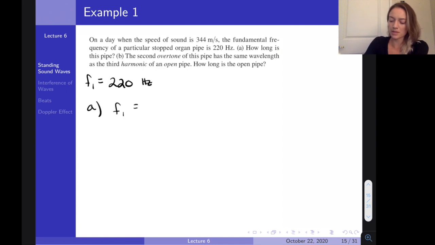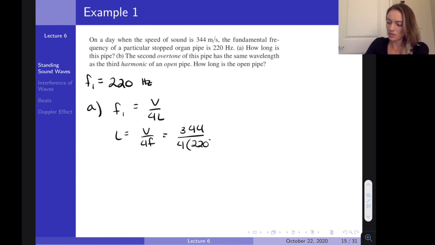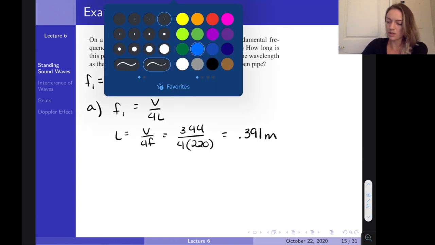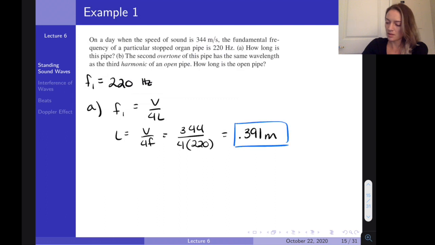So the fundamental frequency for a stopped pipe is V over 4L, and now we just have to solve for L, right? So L is equal to V over 4F. V is 344 meters per second, divided by 4 times 220. That comes out to 0.391 meters. So our pipe is almost 0.4 meters long.